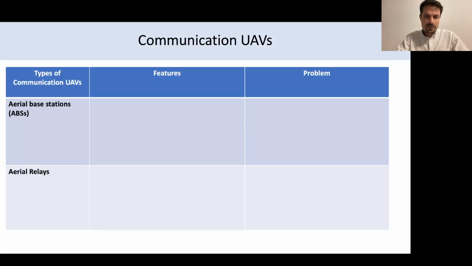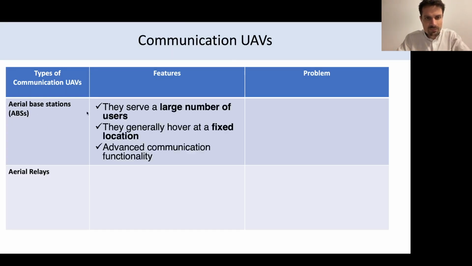And to answer this question, we need to consider separately both kinds of communication UAVs. The first kind is aerial base stations, ABSs. Here, these communication UAVs are intended to serve a large number of users.